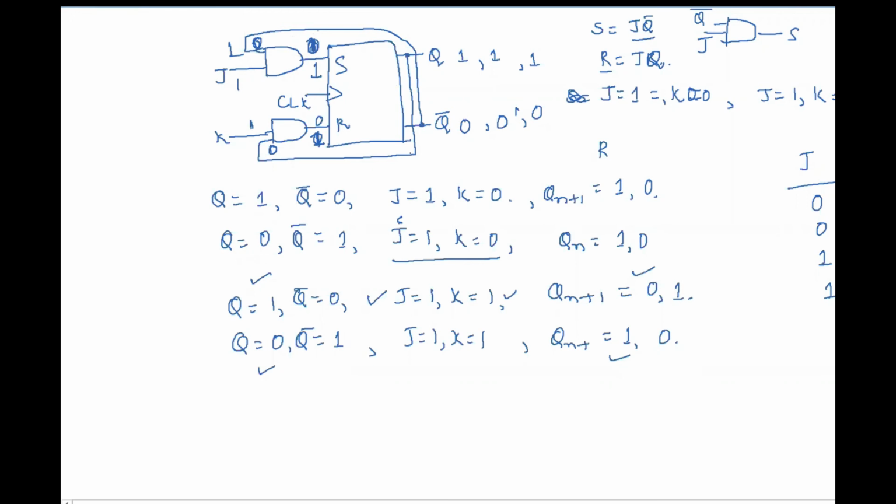Now coming towards other aspects of the JK flip flop, which are very important, and which we have discussed for the SR flip flop in the previous class. So let's discuss that now. The next thing we are going to discuss is the characteristic table.